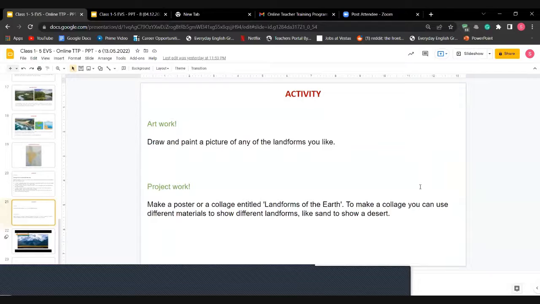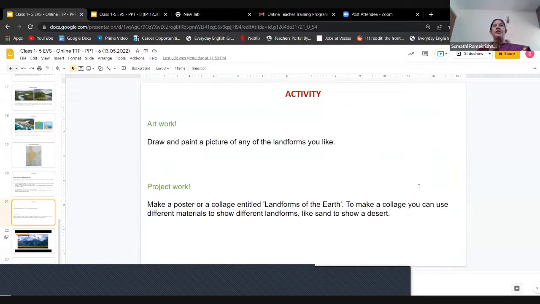Picture matching, ma'am. Match the pairs, yes. You can give various places or you can ask them to identify the landform. Or even, see, when you're going to teach, you will surely talk about the people living in mountains, the way they live, what is their occupation, all that will be there in the classwork.